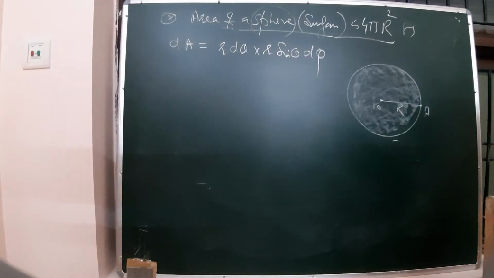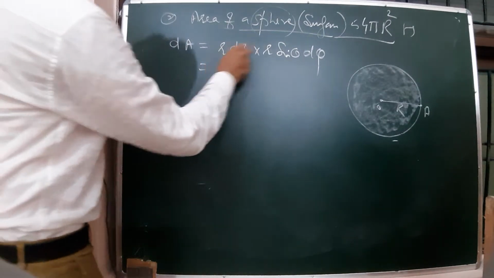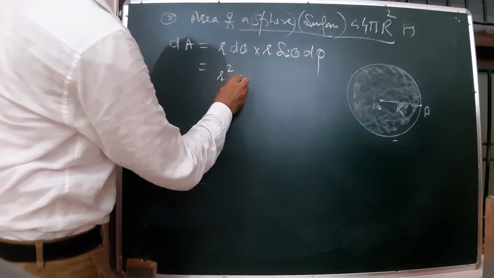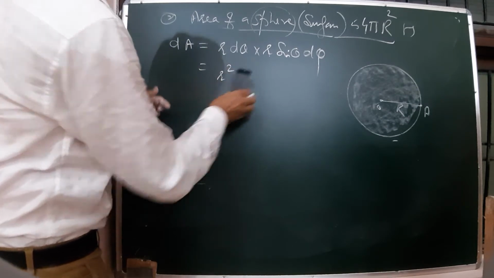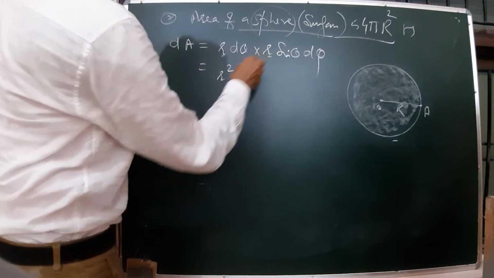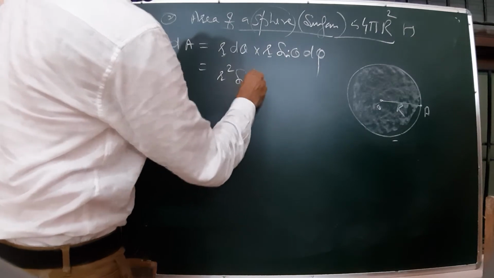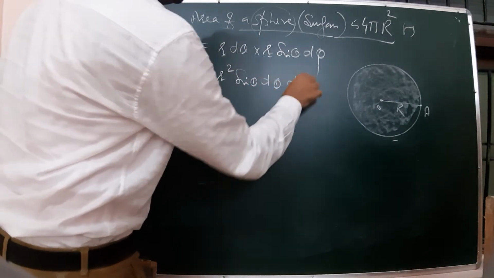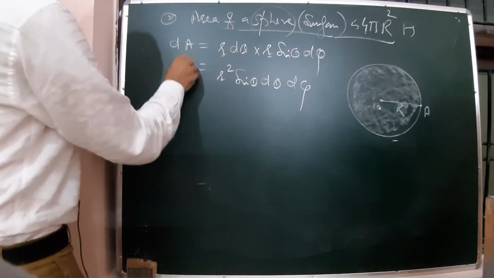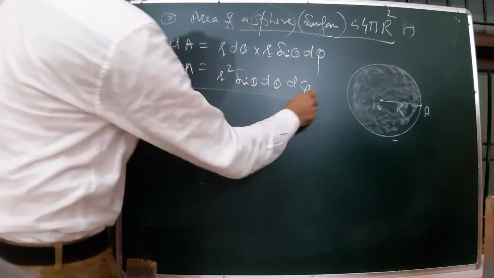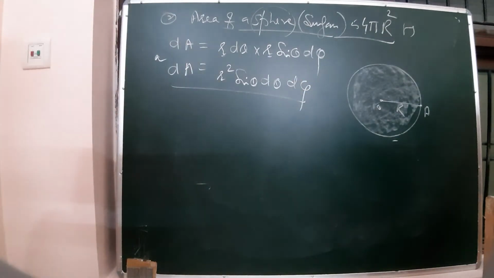You know that this is the area element, or this one is r square sin theta d theta d phi. This is the area element. We have already proved it in the previous article.